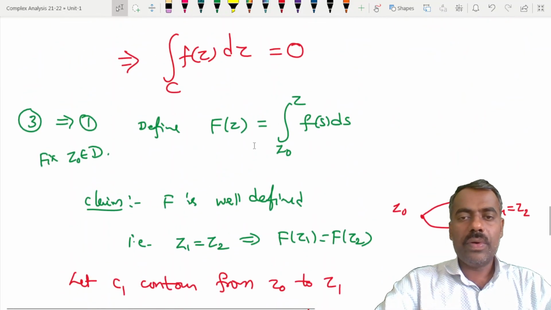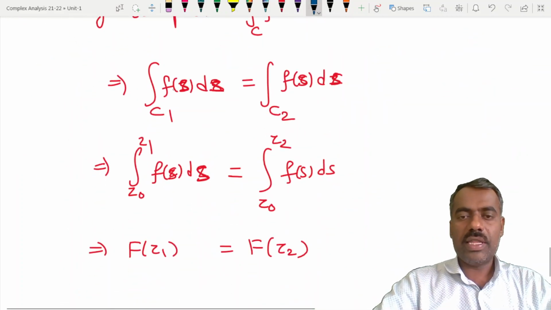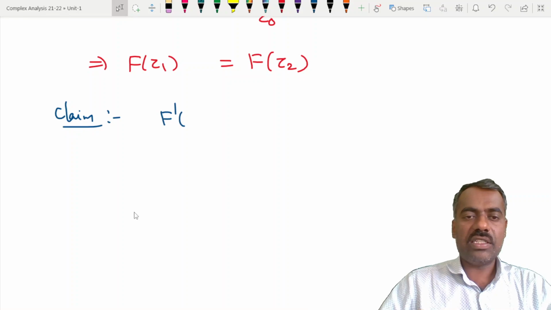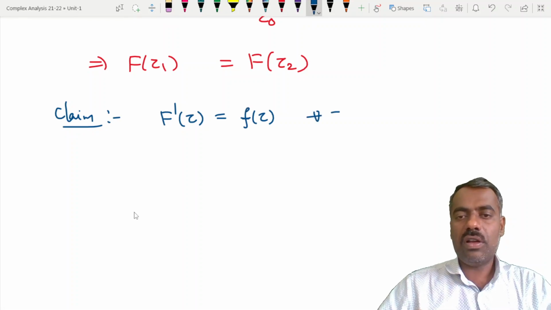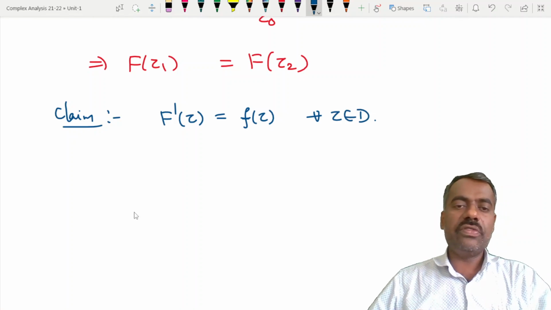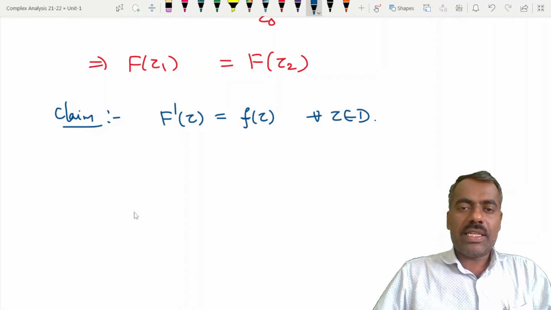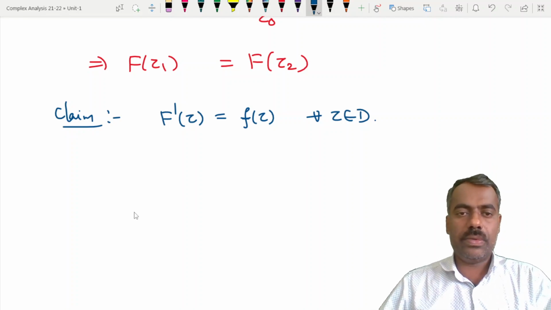Now our next claim is to show that F dash of z exists and is the same as small f(z), for all z belonging to D. So we'll try to find the limit of F(z plus delta z) minus F(z), and show that it equals f(z).